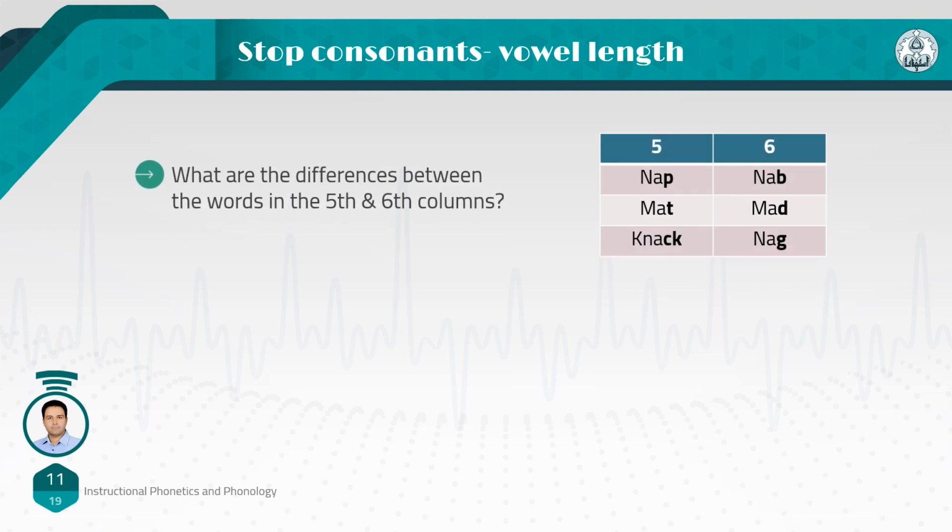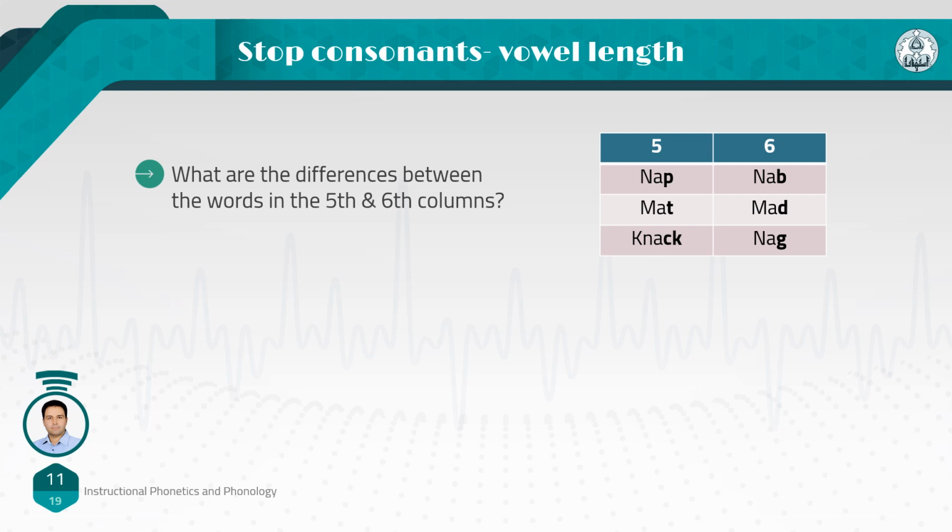Now, look at this table. What are the differences between the words in the 5th and 6th columns? The consonants at the end of nap, mat, knack are certainly voiceless, am I right?